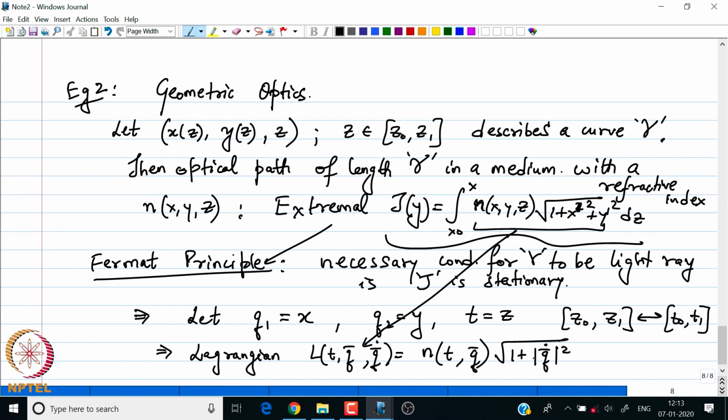Okay, so this is the so called optical Lagrangian. Let me call this the optical Lagrangian right away.